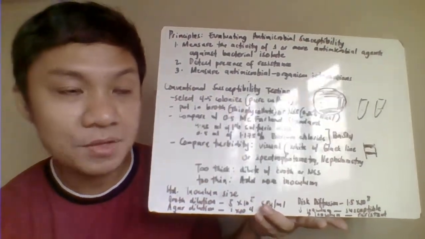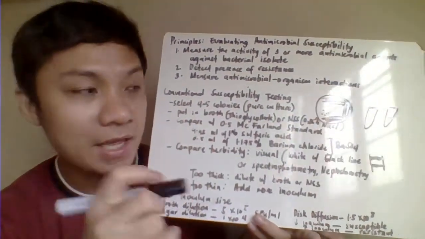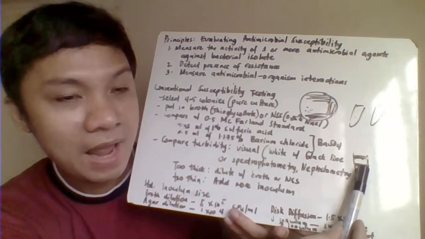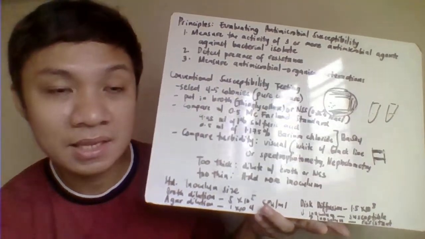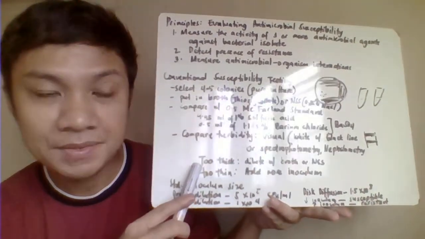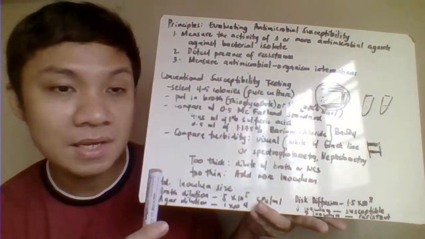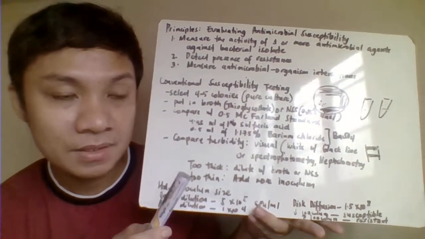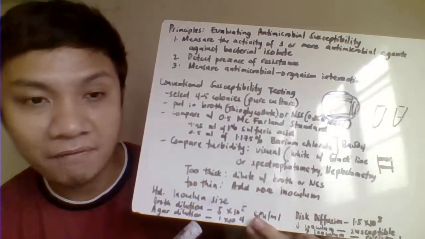For the comparison, you can place a white background paper with black lines on it to really ascertain the turbidity. If the turbidity of your inoculum is too thick compared to your McFarland standard, you need to dilute it until it matches the turbidity of our McFarland standard.